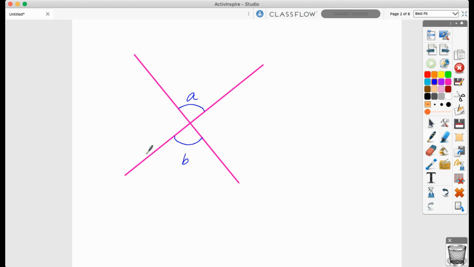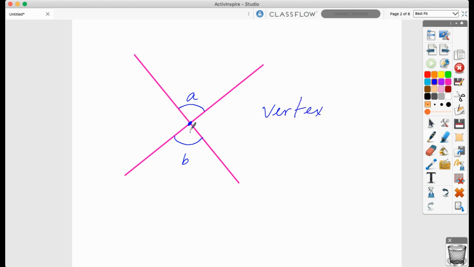Now, please remember a couple of things. When these lines cross, they create something called a vertex. That vertex is the point where the two lines meet, and that's where it creates the angle. It's like a hinge on a door, so that hinge is called a vertex.